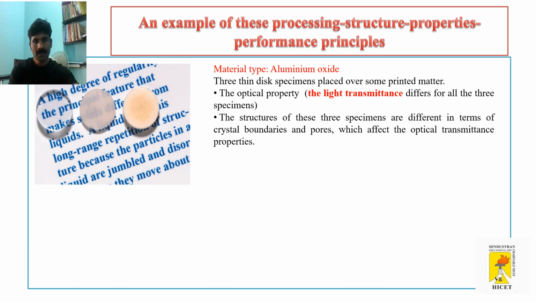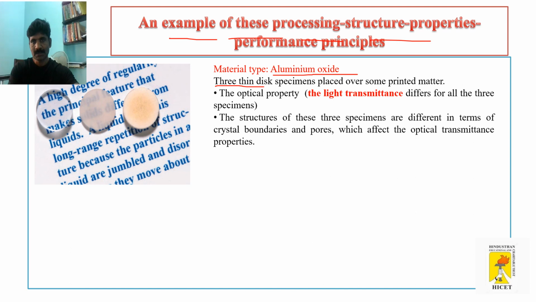In the previous slide, I was talking about material science and material engineering and the interrelationship between these terms. The main four components that determine the relationship between those two terms are processing, structure, properties, and performance. To explain in detail, I've taken an example, aluminum oxide, which could exhibit the concept behind these things.